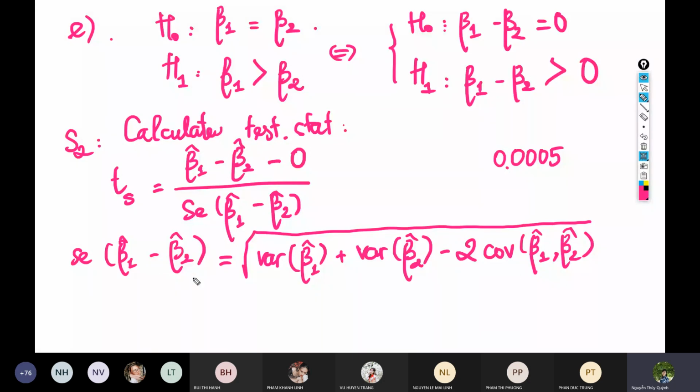What is the final calculation? What is the final result here?